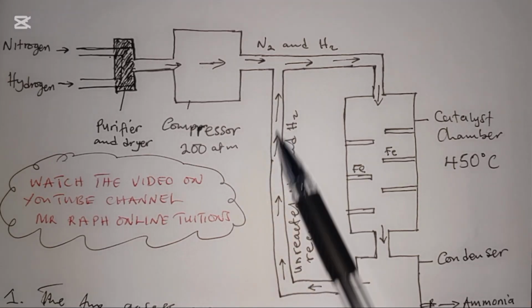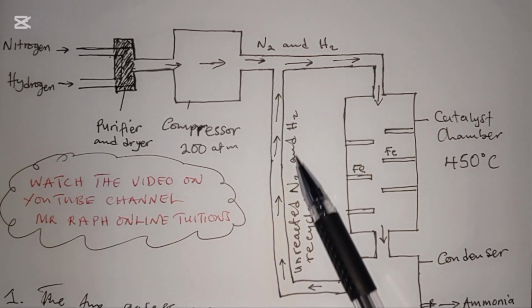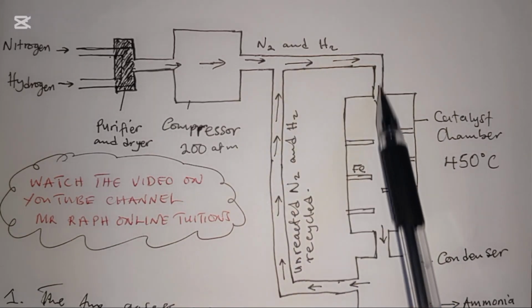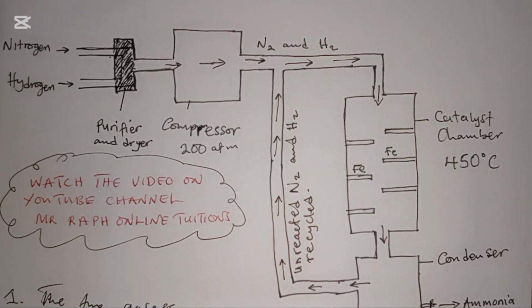When they ask what this part is, it is the unreacted nitrogen and hydrogen recycled, going back to be reacted until we have the maximum production of ammonia. So this is the diagram.